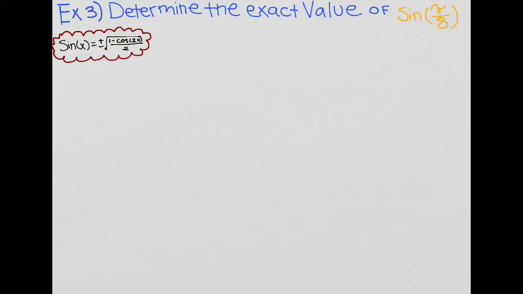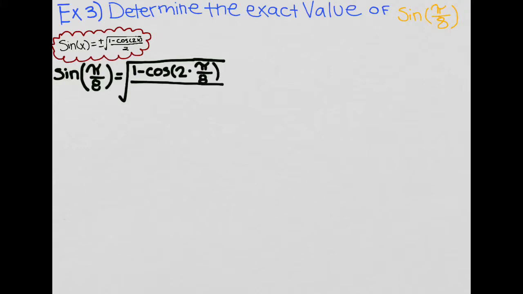It will look like this: sine pi over 8 equals the positive, so we don't have to write anything because it is positive, square root of 1 minus cos 2 times pi over 8, and that's all over 2.